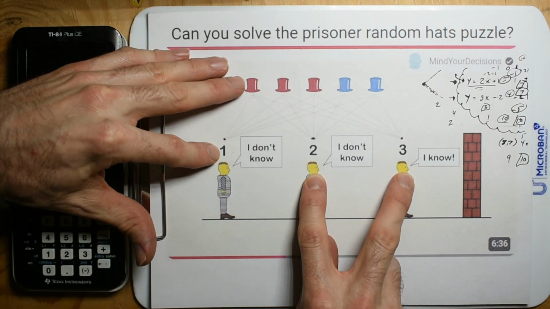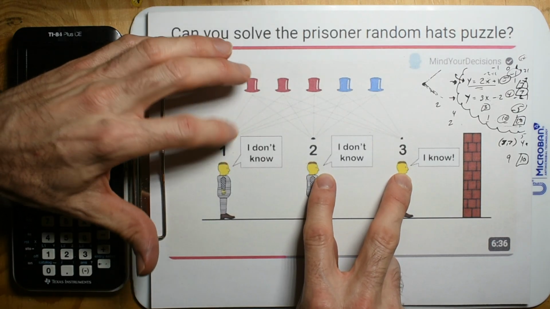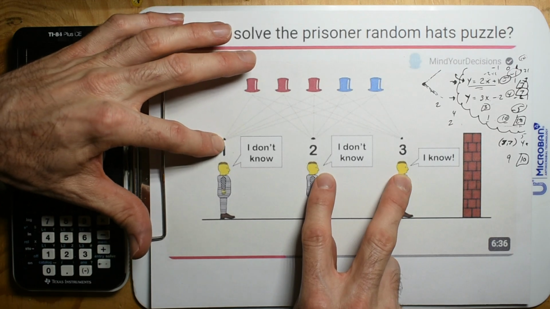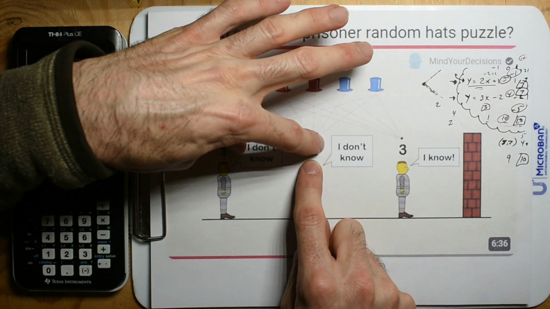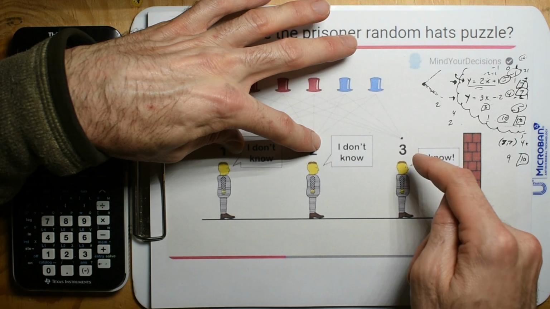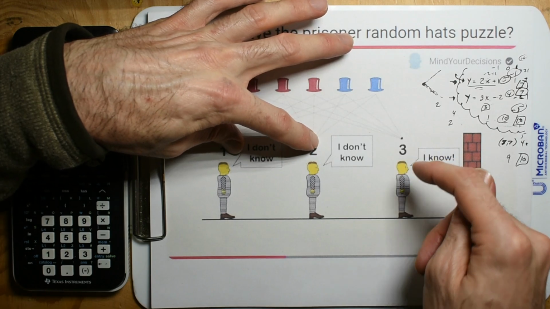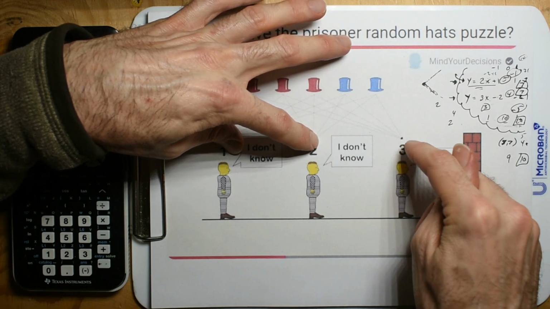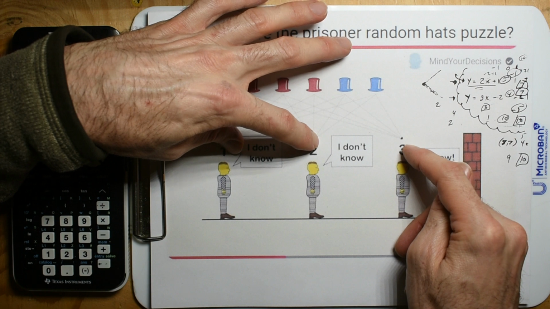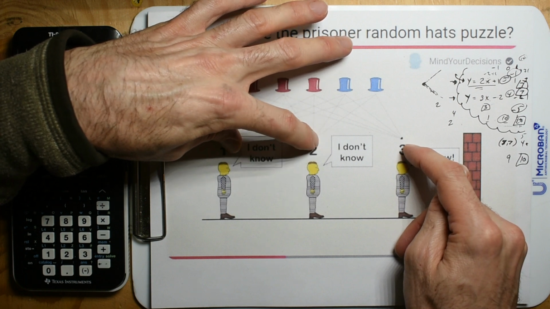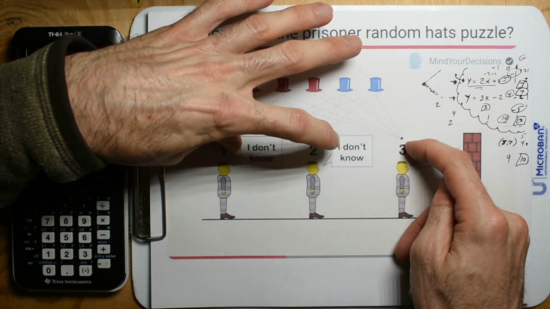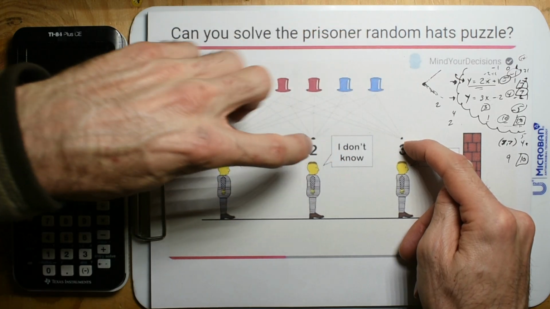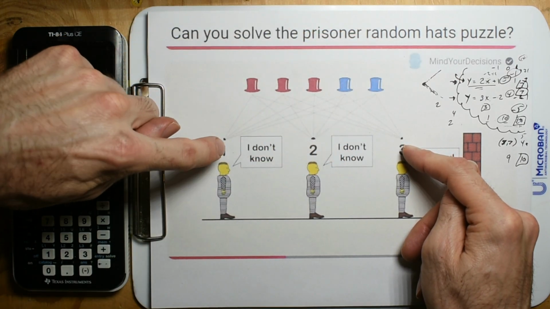So, yeah, it's really fascinating that prisoner 1 could have a red hat, prisoner 2 could have a red hat, prisoner 3 could have a blue hat. But if prisoner 3 has a blue hat, prisoner 2 knows the color of his hat right away after prisoner 1 says, I don't know.